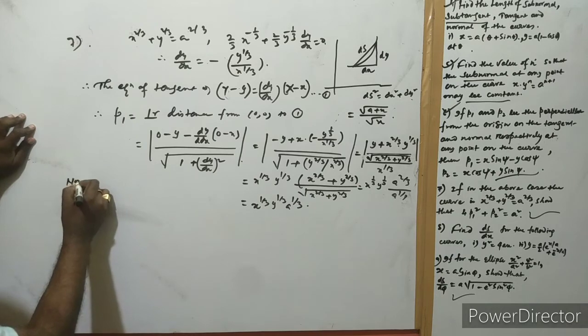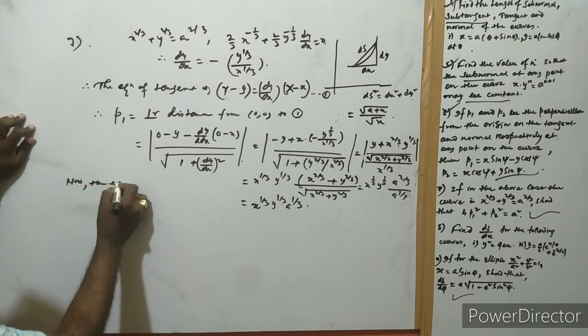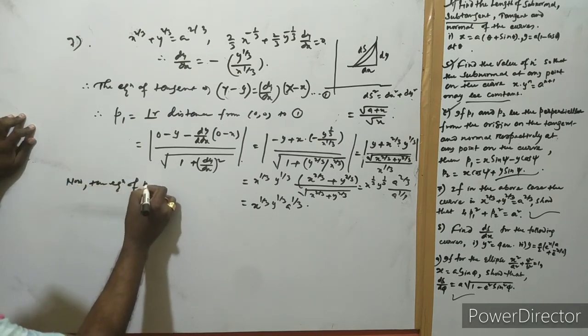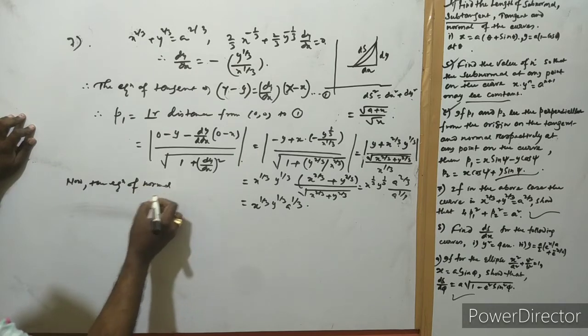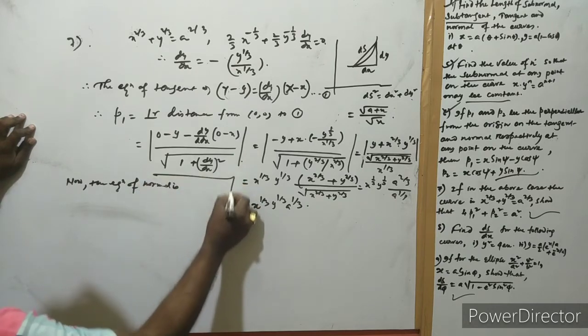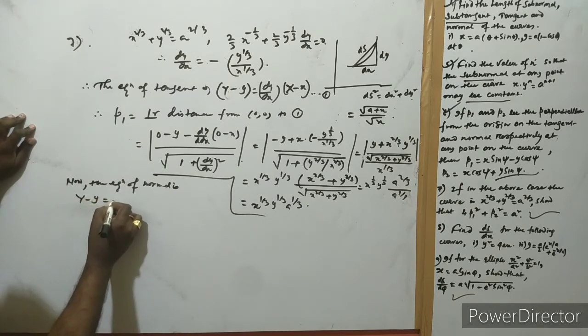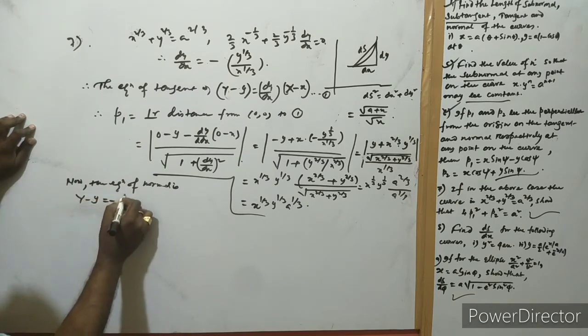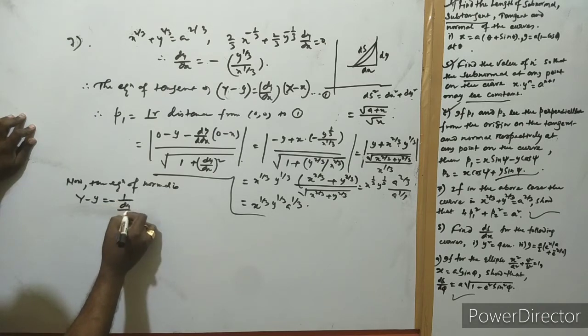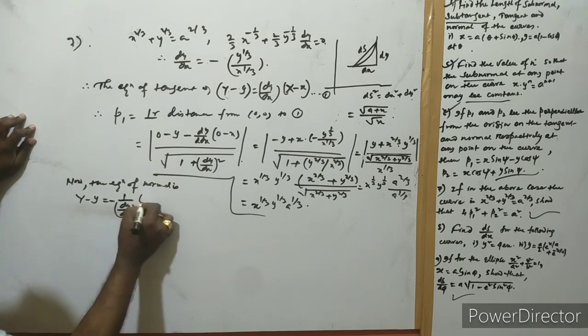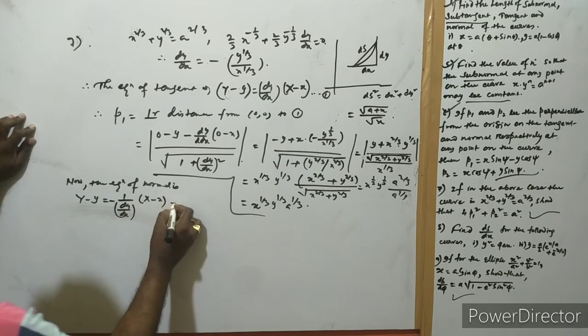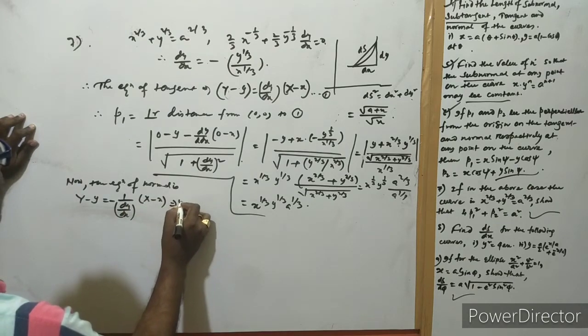Now the equation of normal is y minus y1 equals minus 1 by dy dx into x minus x1.